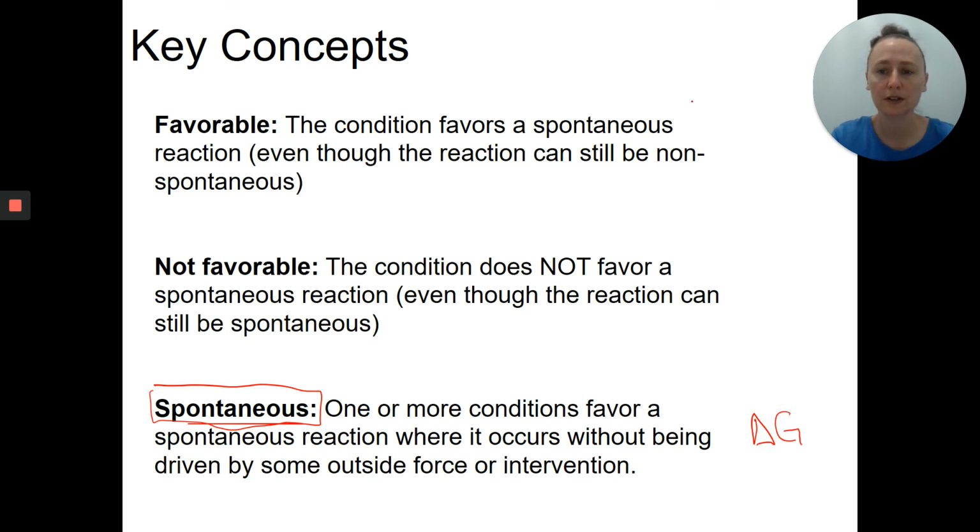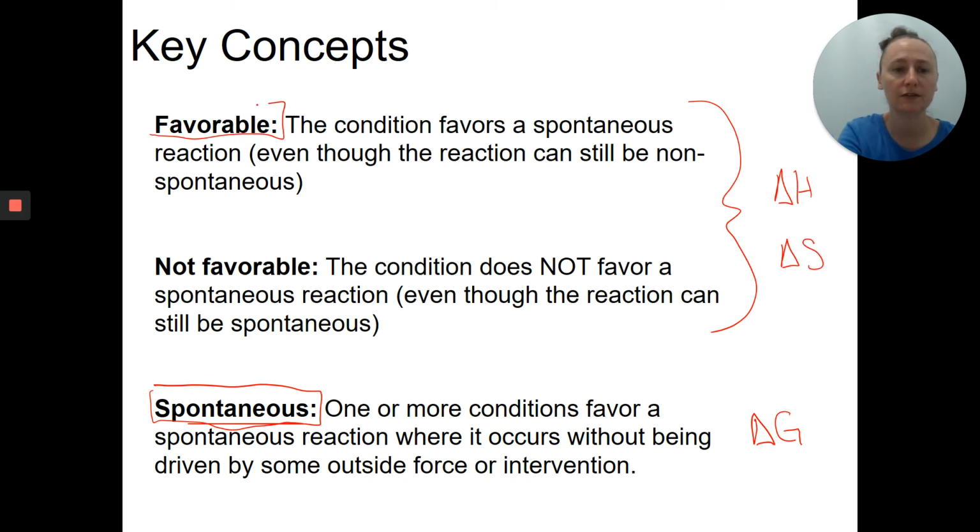However, when we are discussing both enthalpy and/or entropy, we can use the terms favorable. Favorable and not favorable are not the same thing as spontaneity, but they're important in our understanding.